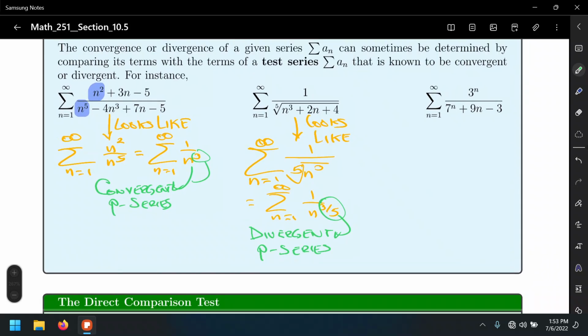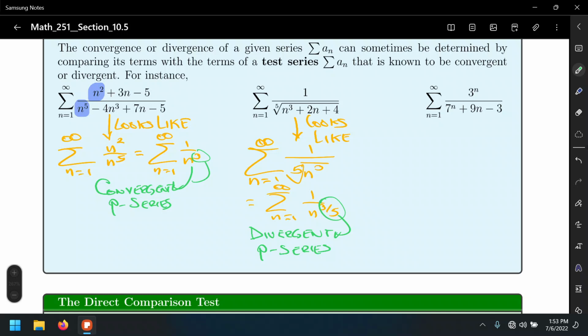And another crazy looking series right here. Well, we have sigma n equals 1 to infinity of 3 to the n divided by 7 to the n plus 9n minus 3. Of course, in the same way, we can neglect the lower degree terms. Even though these are not really degree, we have exponentials. Well, recall that exponential functions are higher in rank with respect to polynomials. So these 9n and minus 3 are not really contributing that much to the value.